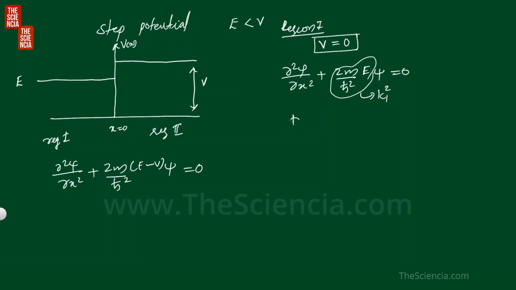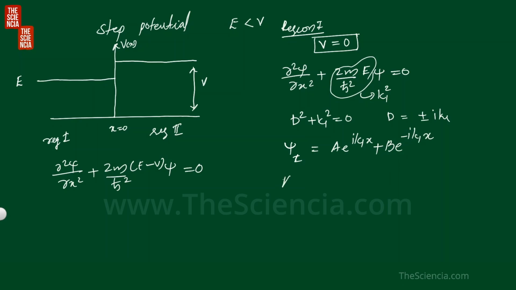So this is a differential equation, D square plus k1 square equal to 0, and the solution of this differential equation is D equal to plus or minus i k1. So the solution of the Schrodinger equation in region 1 is a e raised to i k1 x plus b e raised to minus i k1 x.